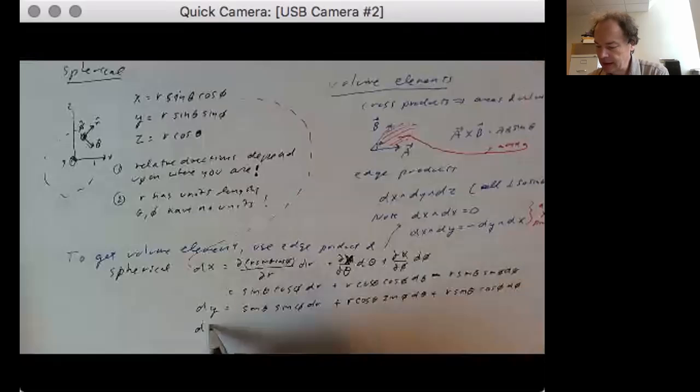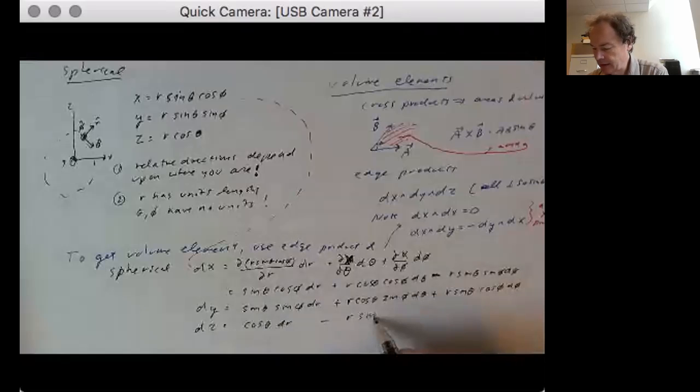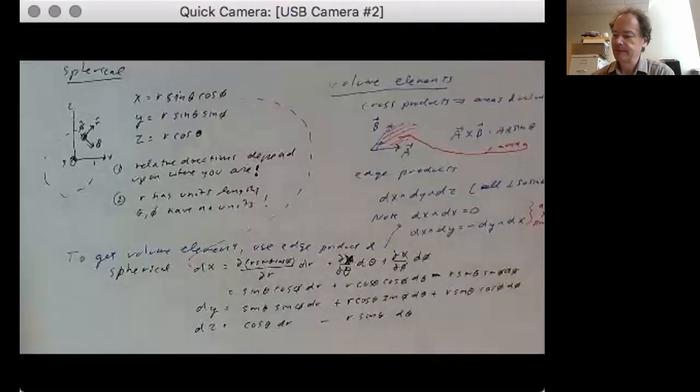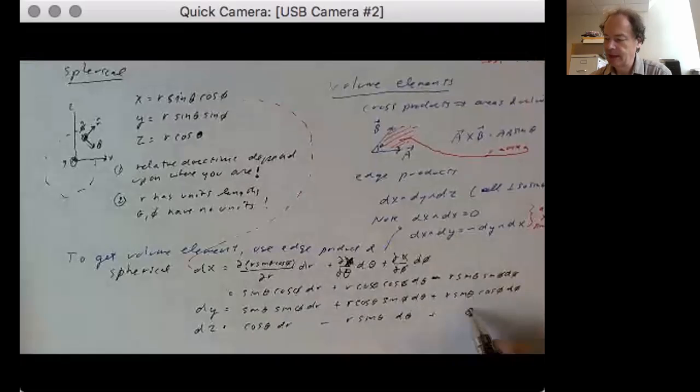And dz is equal to cosine theta dr minus r sine theta d theta. And there's nothing there, no dependence on phi.